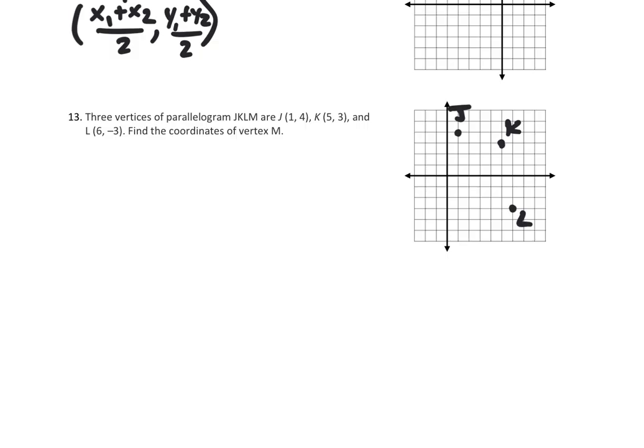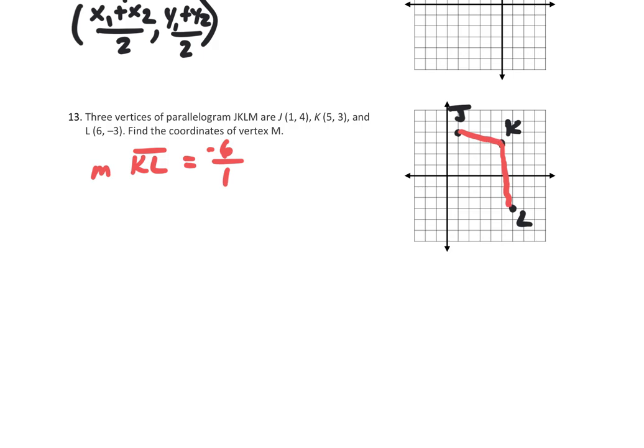The one that probably makes the most sense is M's going to be somewhere down here, right, to make a parallelogram. To go from K to L, we're going to go down 1, 2, 3, 4, 5, 6, right 1. So we're going to do the same thing from J. So what I'm going to say here, first of all, is the slope of KL is down 6 over 1, as I connect those two together.